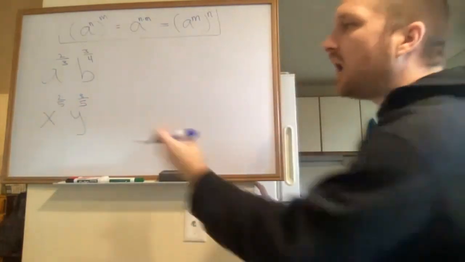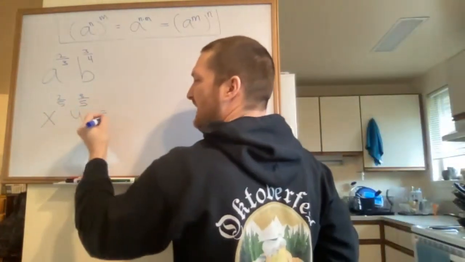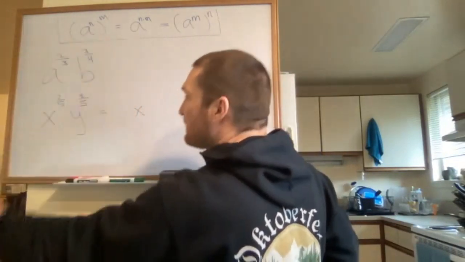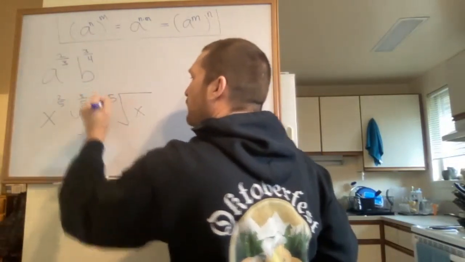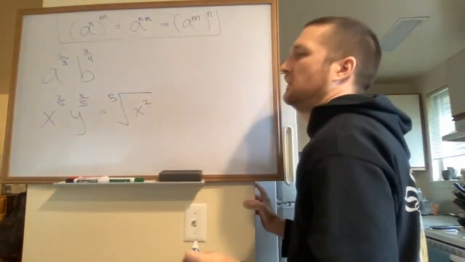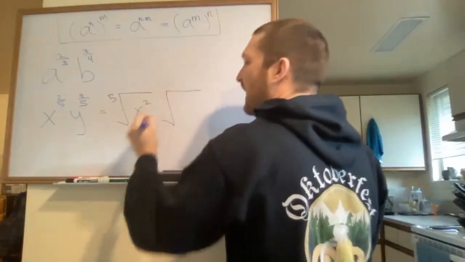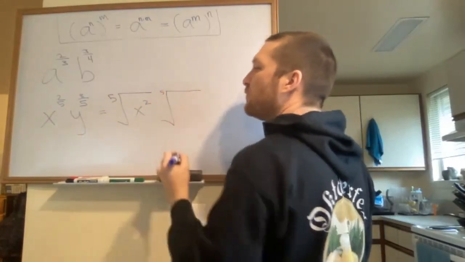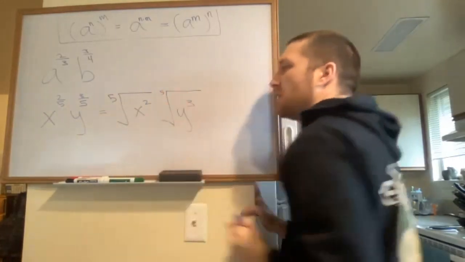Then we could say, oh, well, hold up. This is the same thing right here. X to the 2/5 means to take the 5th root of x to the 2. And y to the 3/5 means to take the 5th root of y to the 3rd.